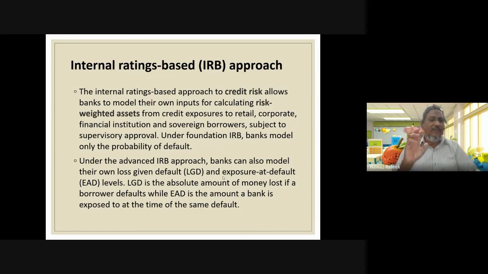Only probability of default and loss given default. Can you give an example? Any facility can be turned into a default. That's called probability of default. Loss given default is what we have already converted or transferred to the default section.